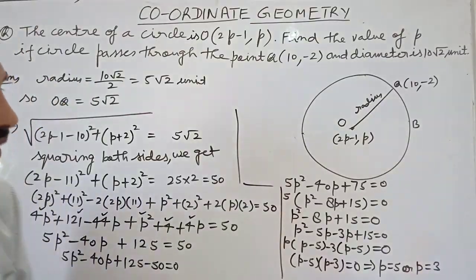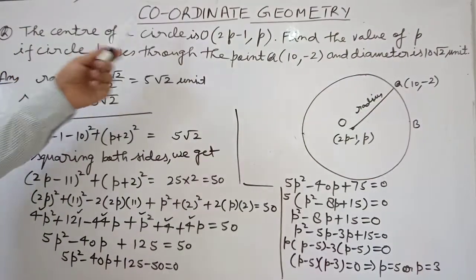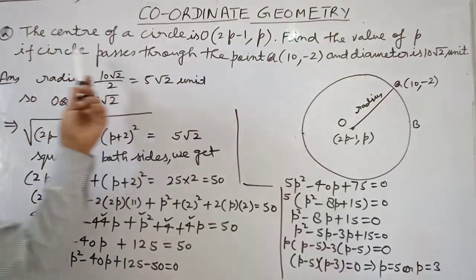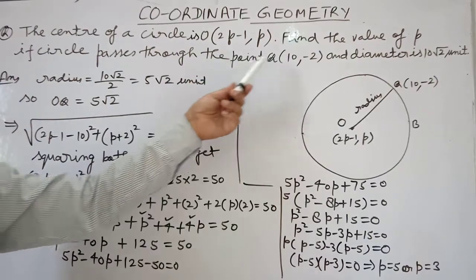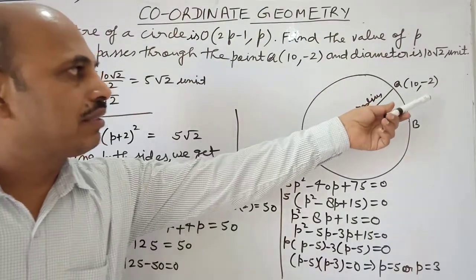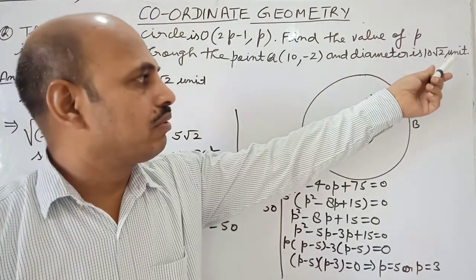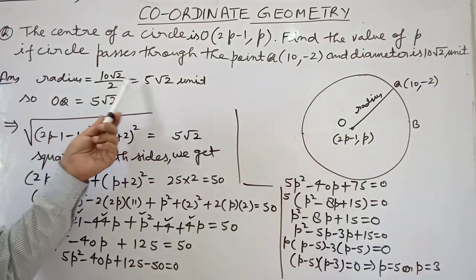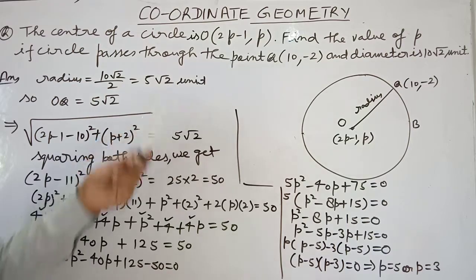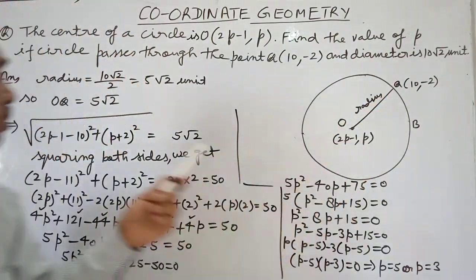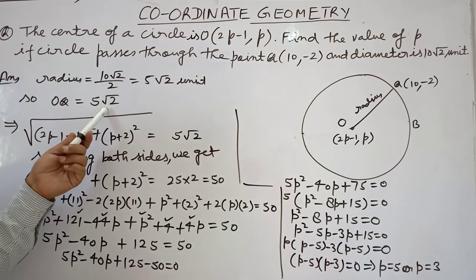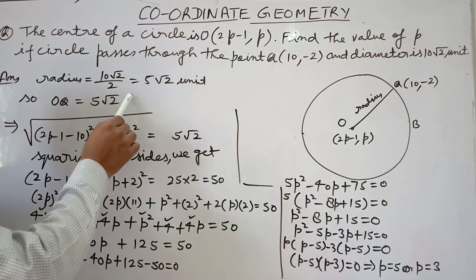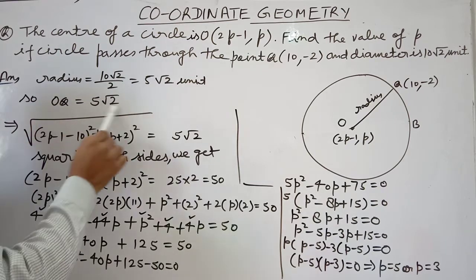Again, understand this question. The center of a circle is O. Find the value of p if the circle passes through the point Q (10, minus 2) and the diameter is 10 root 2. So the diameter is 10 root 2, so the radius is 10 root 2 upon 2 equal to 5 root 2 units. So OQ is 5 root 2. This is the condition which we have in this question.